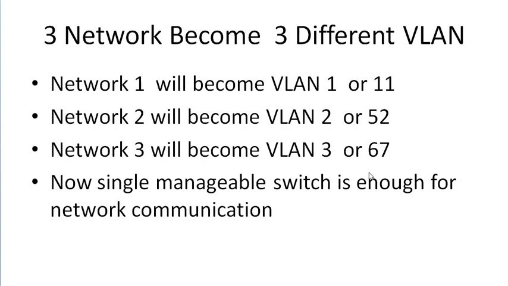I defined VLAN 1 and 2 for this tutorial, but you can assign 11 or 52, 67 or anything else, because the VLAN ID range is 0 to 4095 for identifying the VLANs. So we assign the network to a VLAN, and at layer 2 level we call it virtual LAN. Now a single manageable switch is enough for network communication in this tutorial.